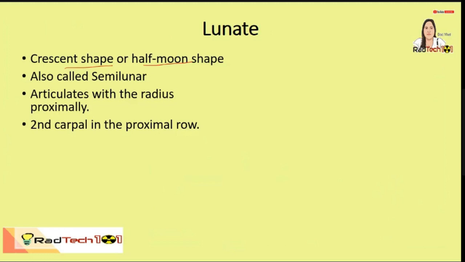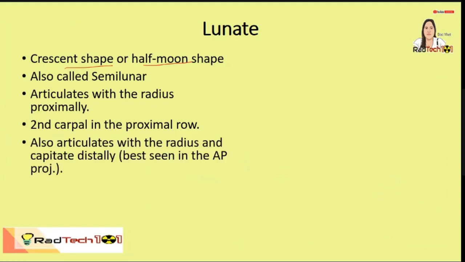So the first is the scaphoid, second carpal is lunate. Also articulates with the radius and capitate distally. And lunate is best seen in AP projection. So if you want to visualize the lunate, the best projection for that is AP projection of the carpal bones or your wrist.